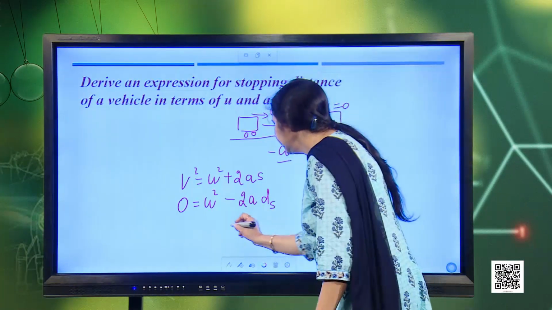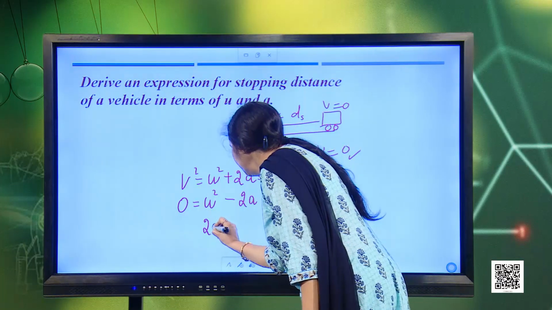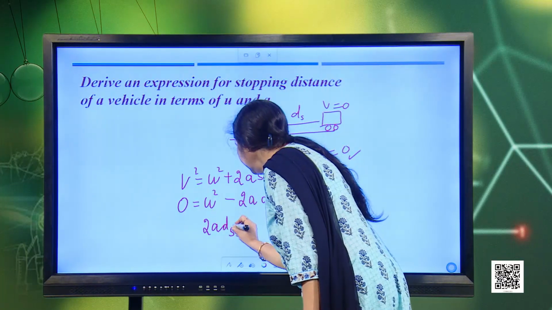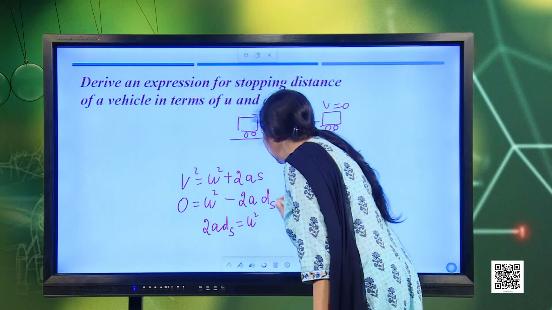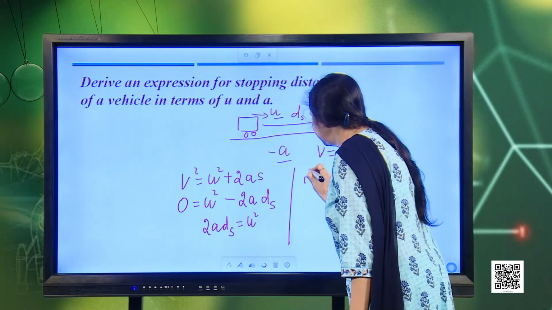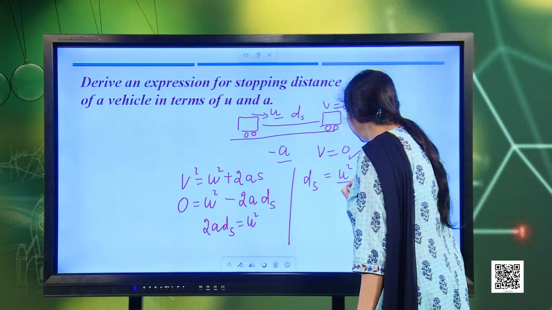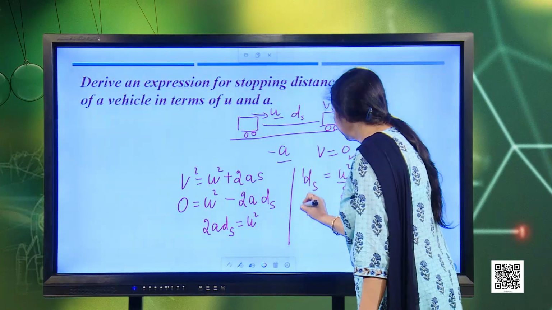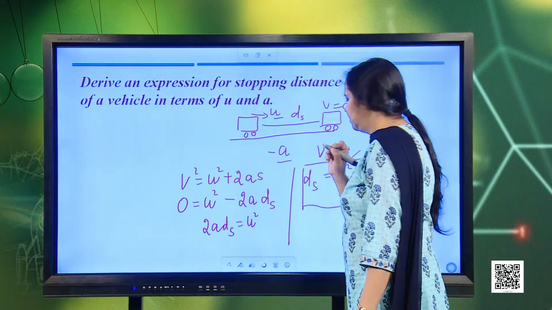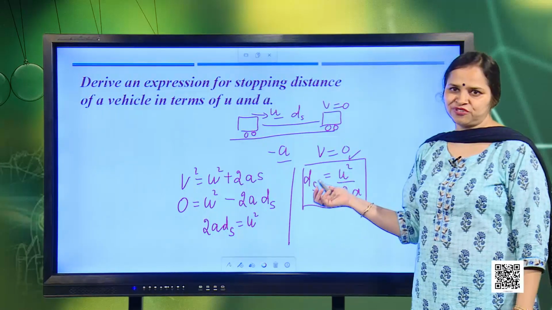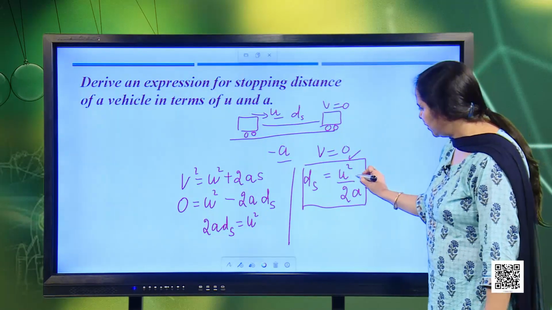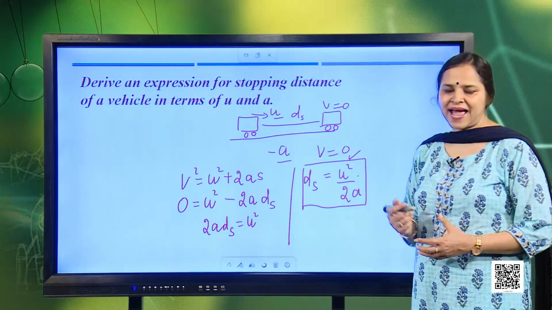Solving, we get 2a ds is equal to u square, or the stopping distance ds is equal to u square by 2a. So this gives us the expression for the stopping distance in terms of initial velocity and acceleration.